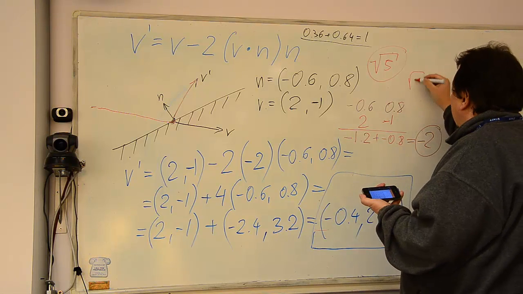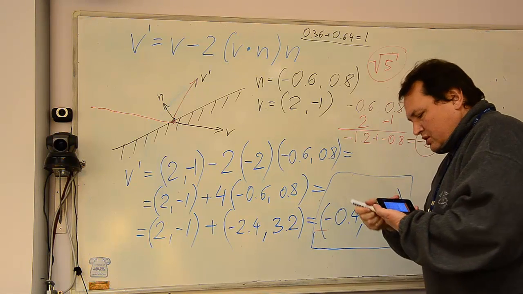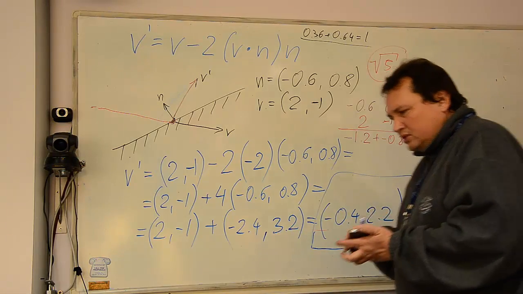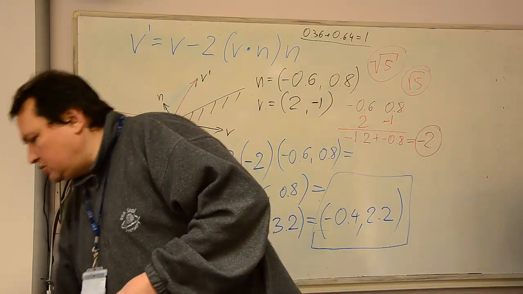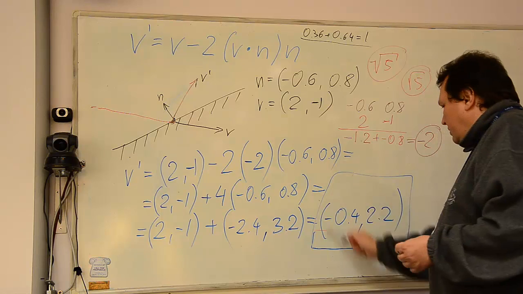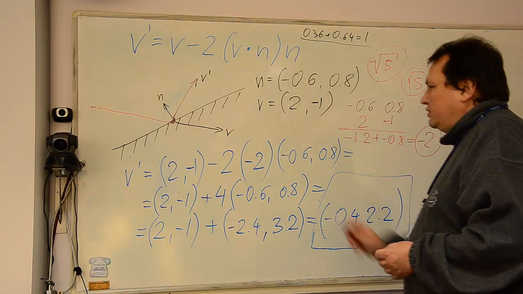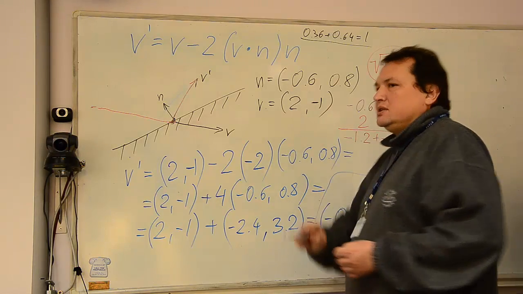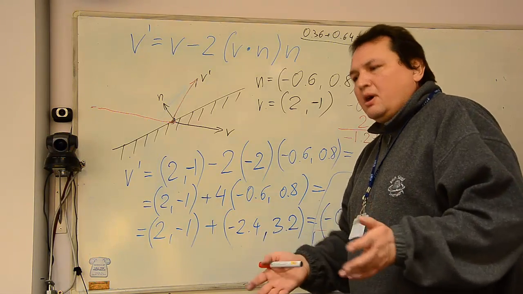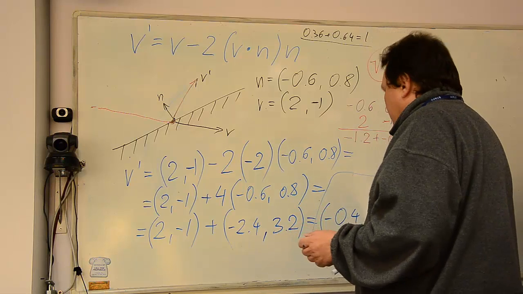So it's square root of 5. It's a very good hint that we didn't make any mistake during these calculations, because the magnitude of this vector v prime and the initial velocity v is the same, exactly as it should be.